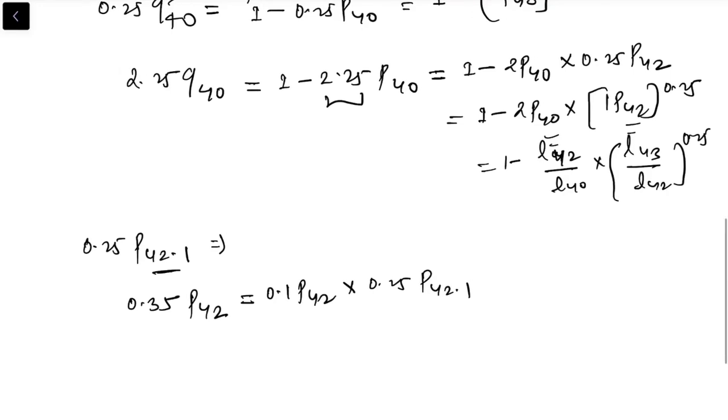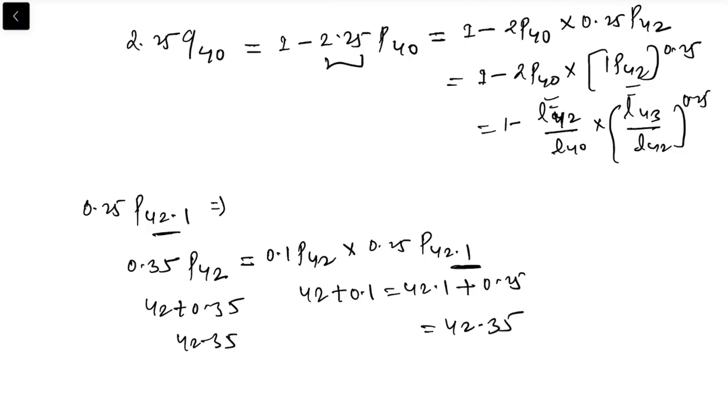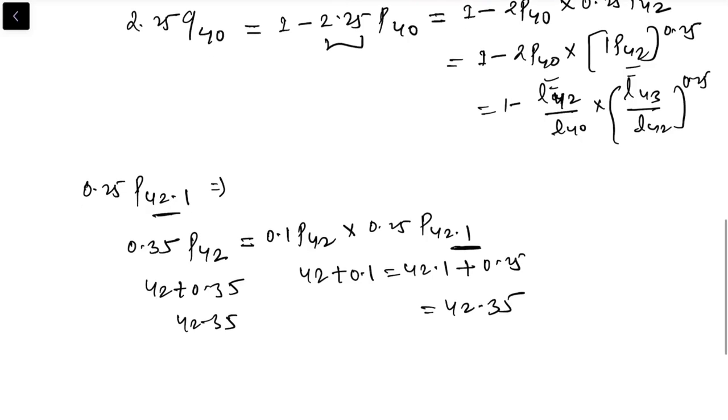If you sum this up, here this is 42 plus 0.35, which is 42.35, and on the right side this is 42 plus 0.1, which is 42.1, and then plus 0.25, which is 42.35, right? So we can definitely write this using the principle of consistency.